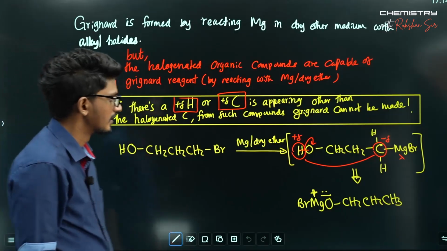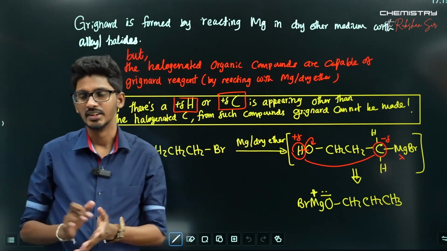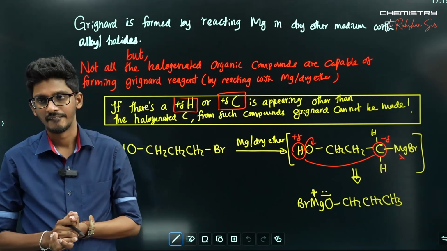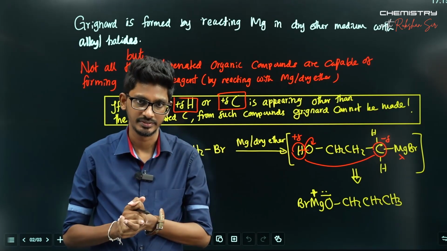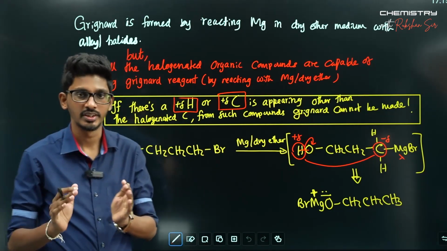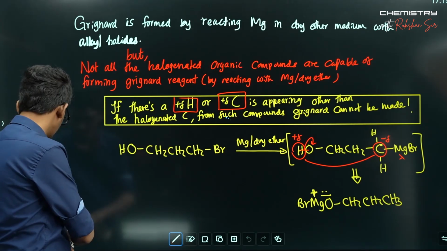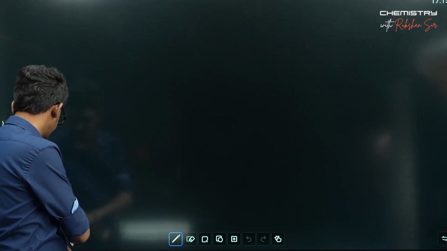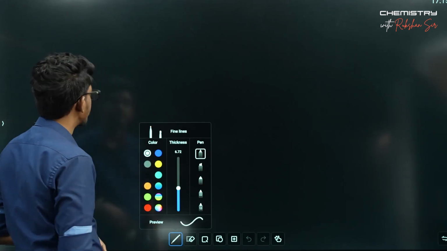So there are 2 types of reactions with the use of the Grignard: the Grignard attacks delta positive hydrogens, and the Grignard attacks delta positive carbons. Let's discuss those 2 types, the reactions of Grignard reagent. That is our next topic.